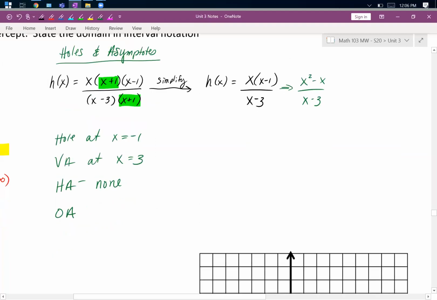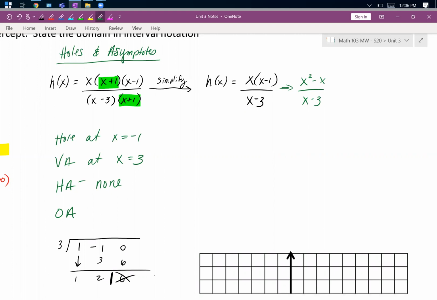This one's eligible for synthetic division. So dividing here, taking 3 into 1, -1, 0. We throw out our remainder.